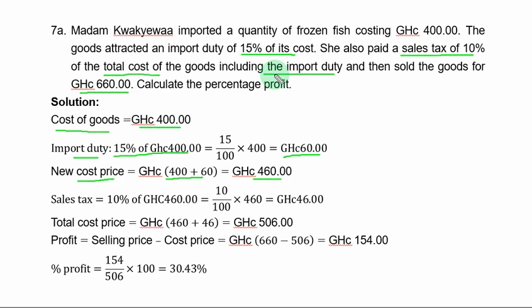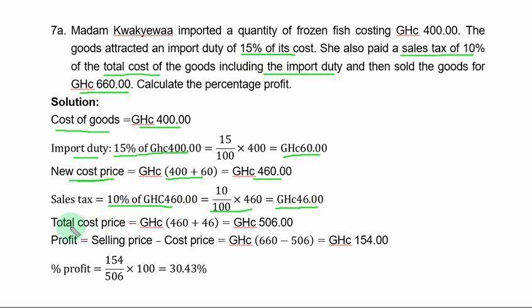So you are calculating 10% of the new cost price. So 10% of 460 Ghana cedis simplifies to 46 Ghana cedis.